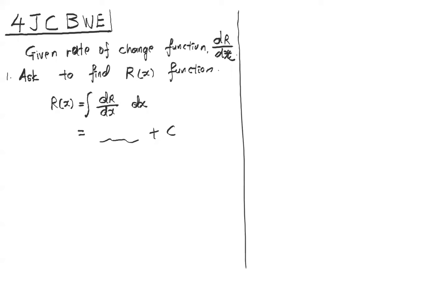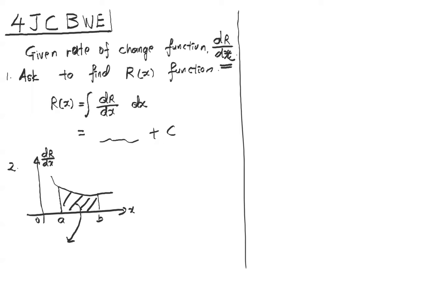The second thing is, if they give you the rate of change, we have to know what the meaning of the rate of change is. What is the area bounded by this rate of change graph? You have to know how to interpret this area. If we integrate dr over dx with respect to x from A to B, what does this represent?